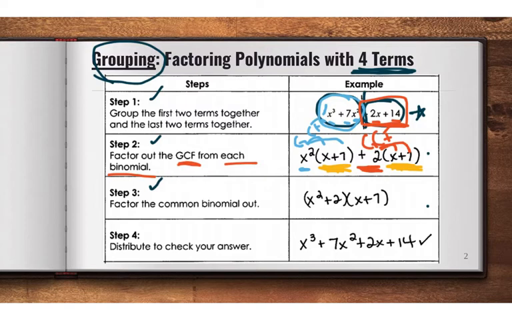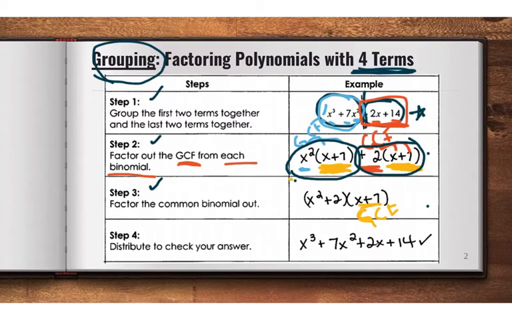All right, so now that we have these twins, these identical parentheses, that becomes my new greatest common factor. Both this first group and the second group both have a common factor of x plus 7.